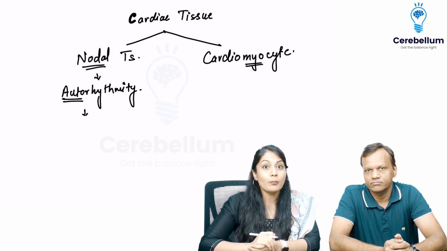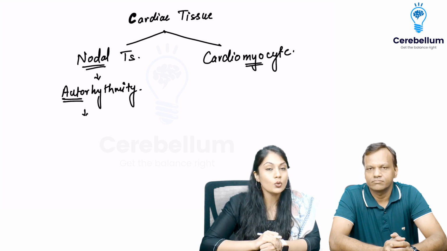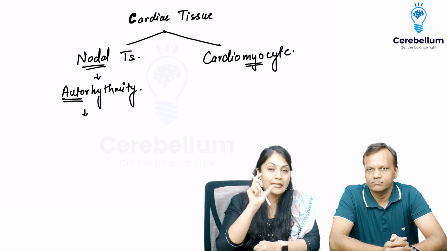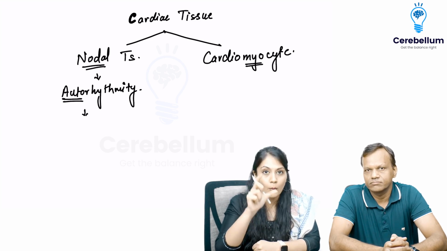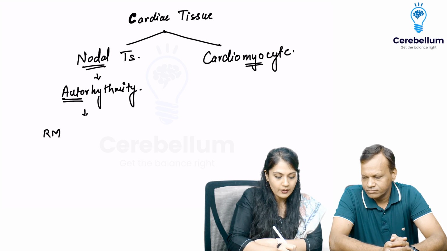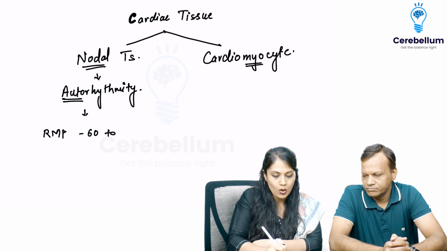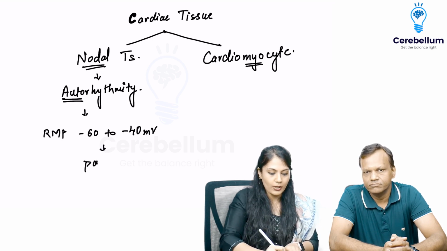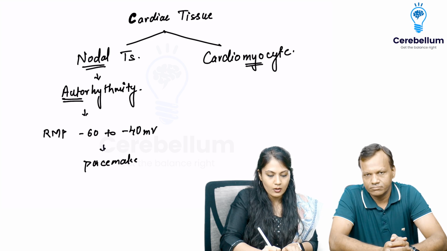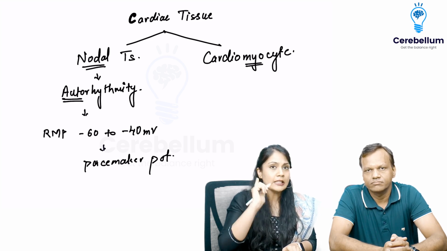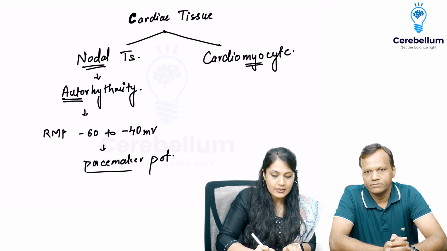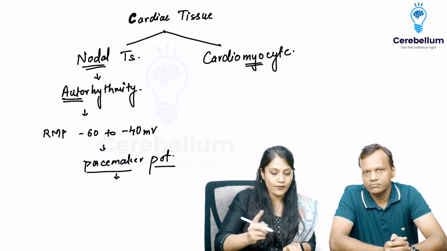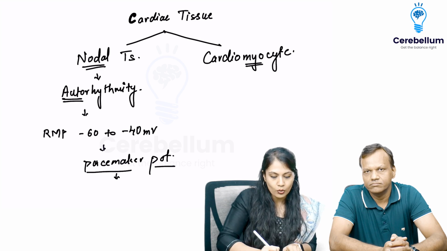The potential that gives this property to the nodal tissue, specifically from the RMP of minus 60 to minus 40 millivolt, is known as the pacemaker potential. This pacemaker gives the nodal tissue the property of autorhythmicity and makes it reach the threshold, and then the action potential will be generated.